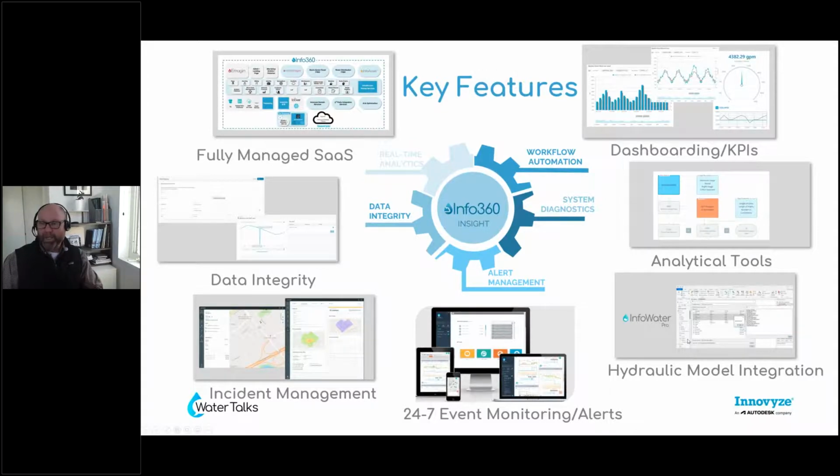We do have bidirectional flow with hydraulic modeling tools, InfoWater Pro, WS Pro from Innovyze, that allow you to really maximize your calibration validation workflows. And just various other reasons why you're going to want to pass SCADA data or other IoT data into your hydraulic models.